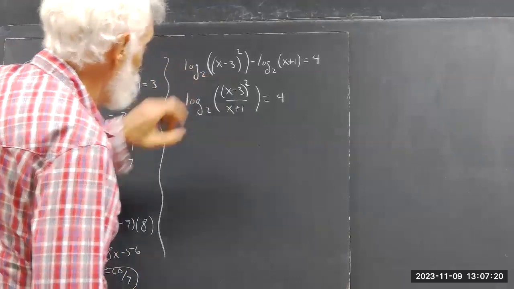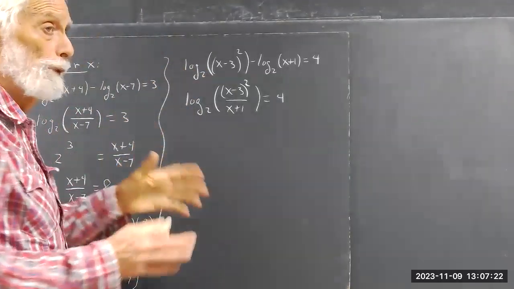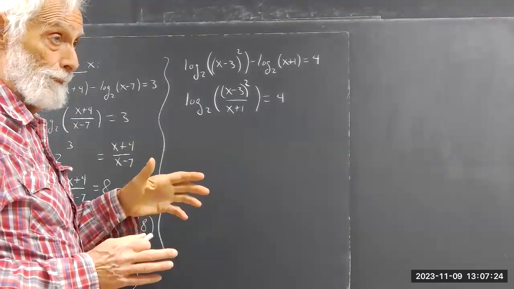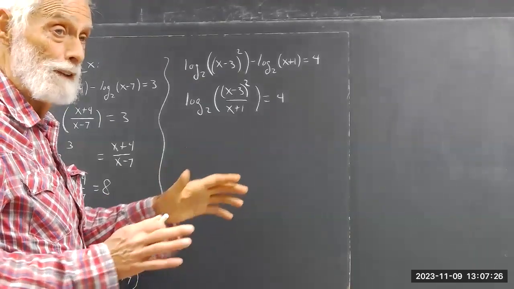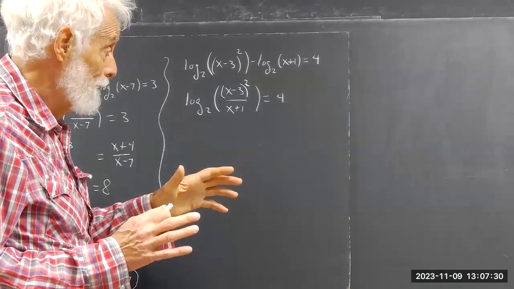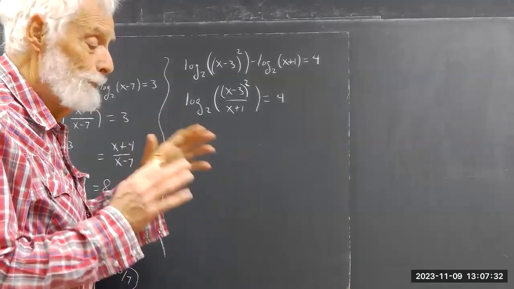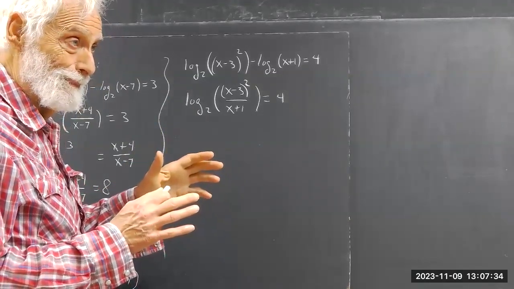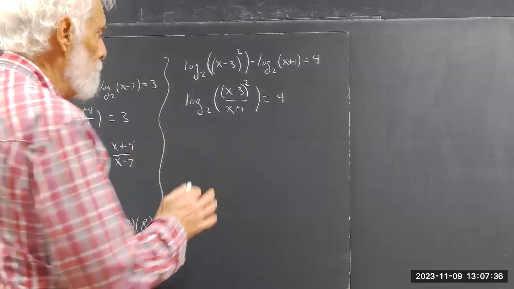So this is the way you want to go, but both of those steps could be made. One of them leads you away from the ability to solve it. But they'd be valid steps. Just one of them would be helpful.